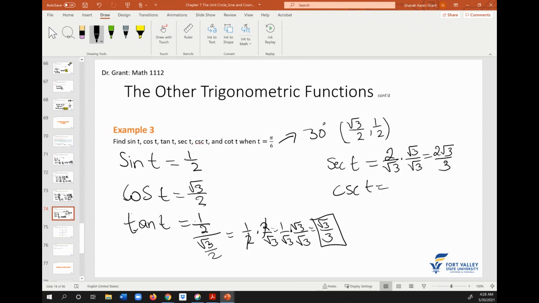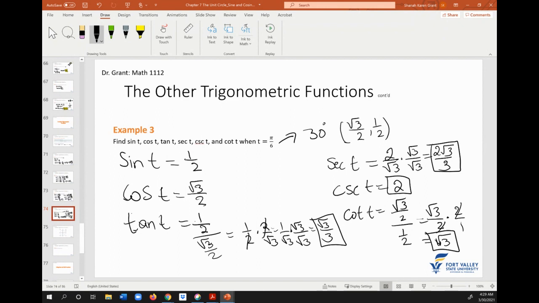CSC of t is 1 over sine, which is 2. And cotangent of t is going to be √3/2 over 1/2. Keep, change, flip. So we have √3.